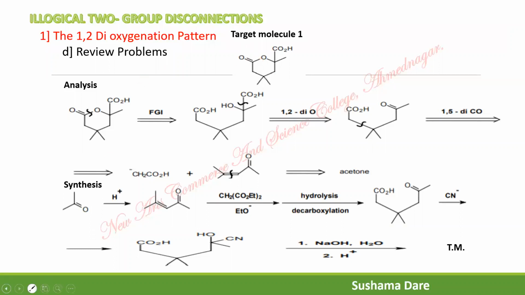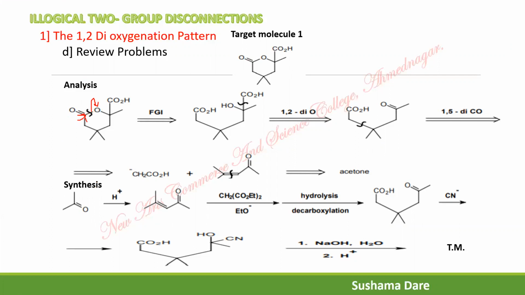Now, in which direction do we have to disconnect the bond? Of course, in the direction of oxygen, because it is a more electronegative atom as compared to carbon. So disconnect the bond in the direction of oxygen. After the disconnection, this carbonyl carbon carries a positive charge. What do we have to do?